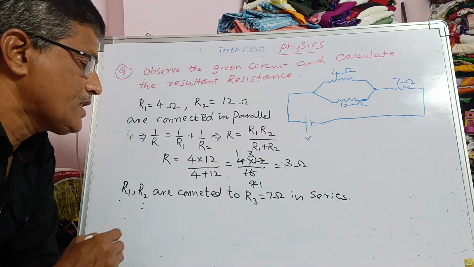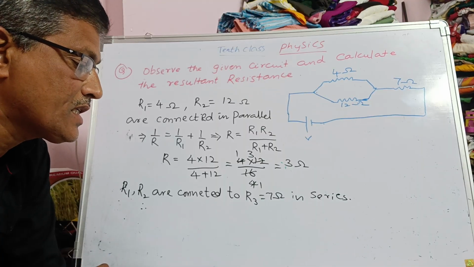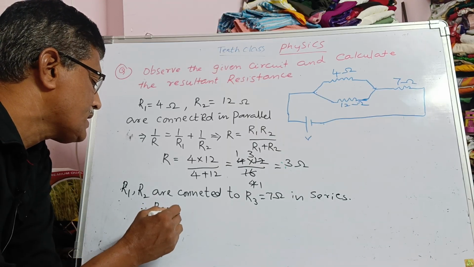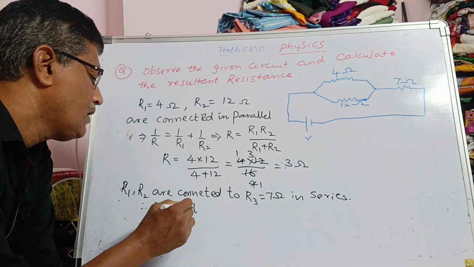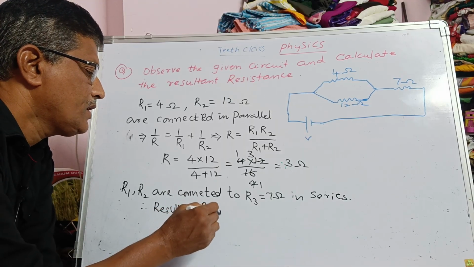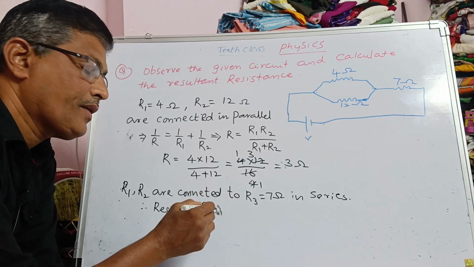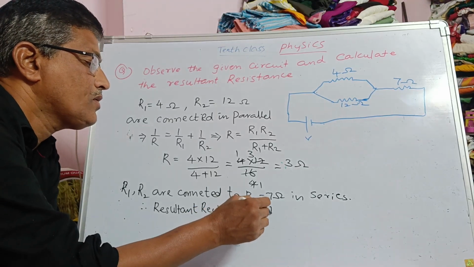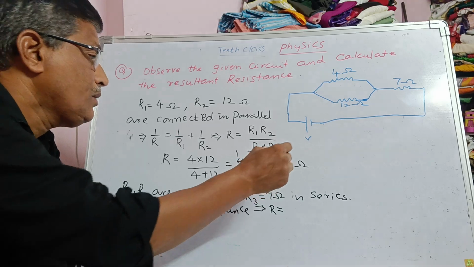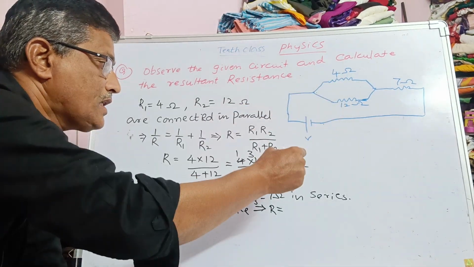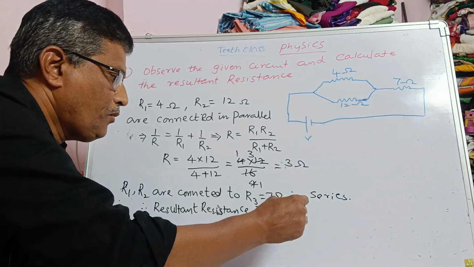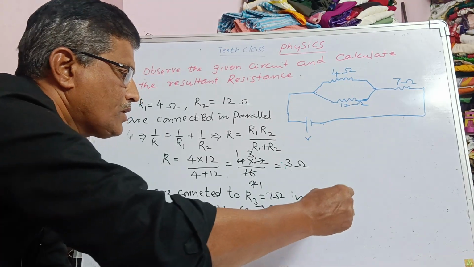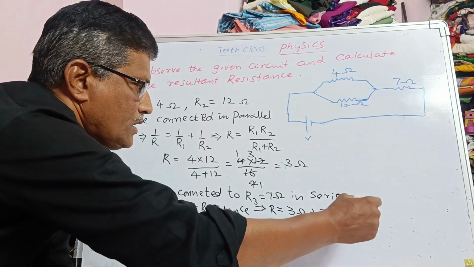So the resultant or effective resistance is R is equal to the parallel connection resultant resistance, 3 ohms, plus 7 ohms in series, so 3 ohms plus 7 ohms is 10 ohms.